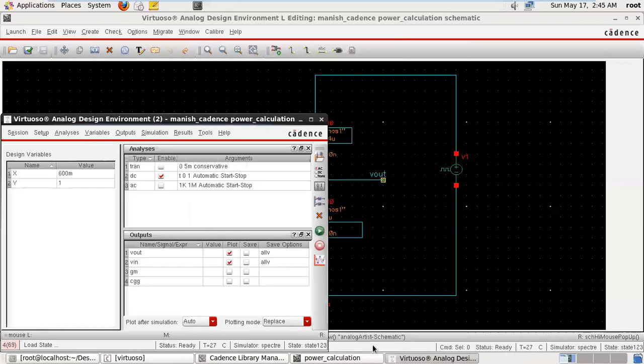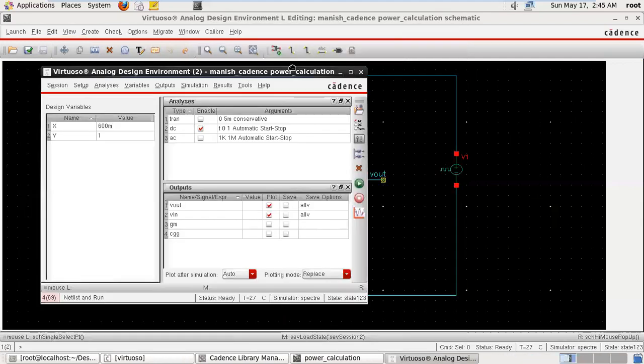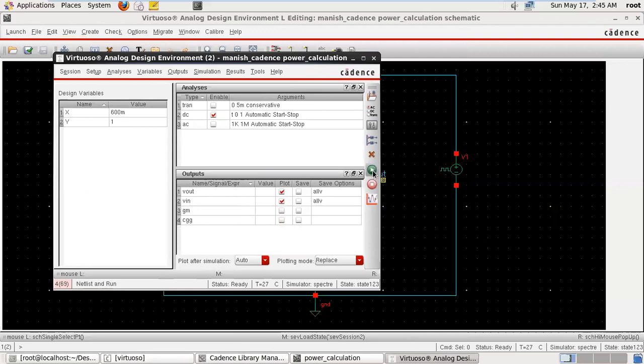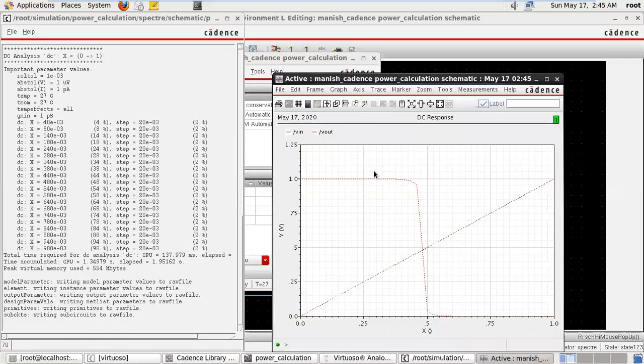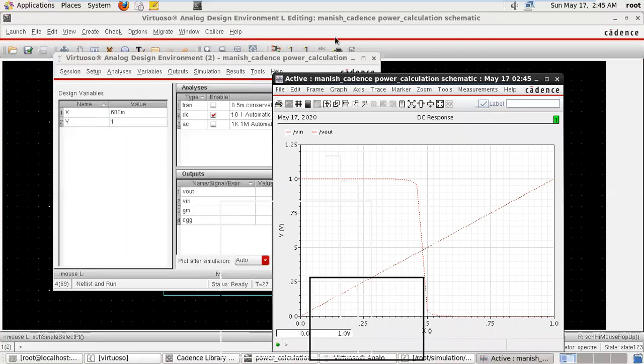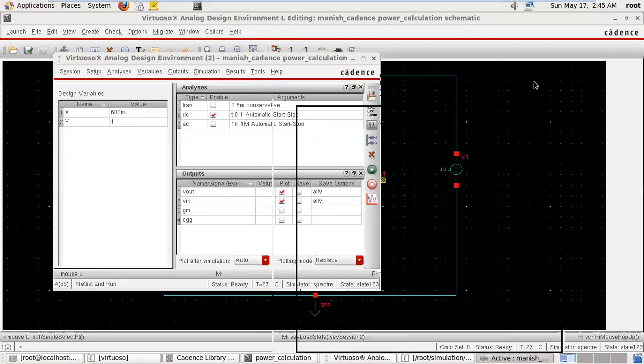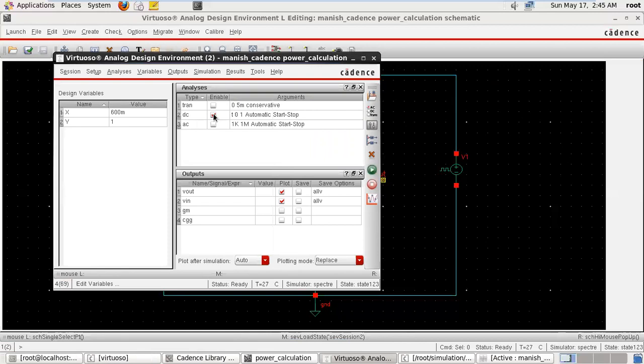Now see here, first simulate it. Here we are doing the transient analysis, DC as well as the transient. So first, do all types of analysis.